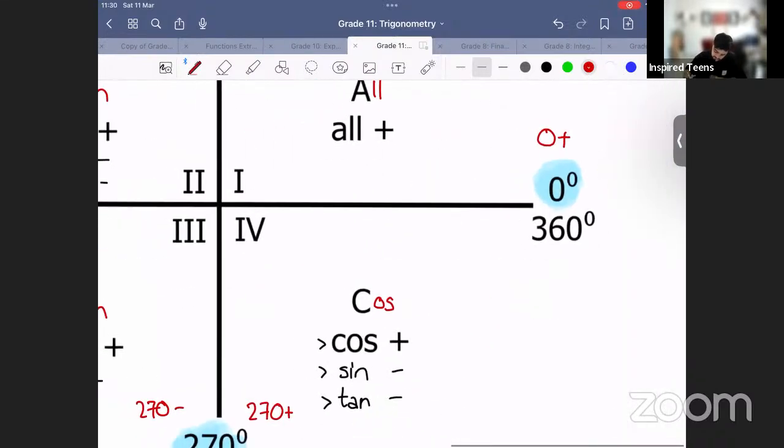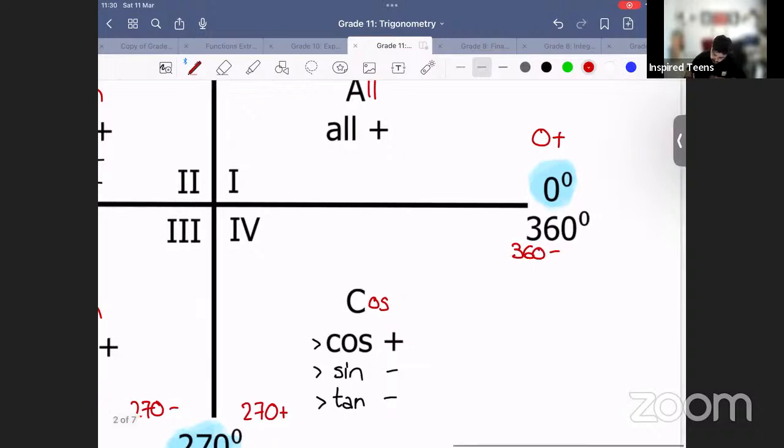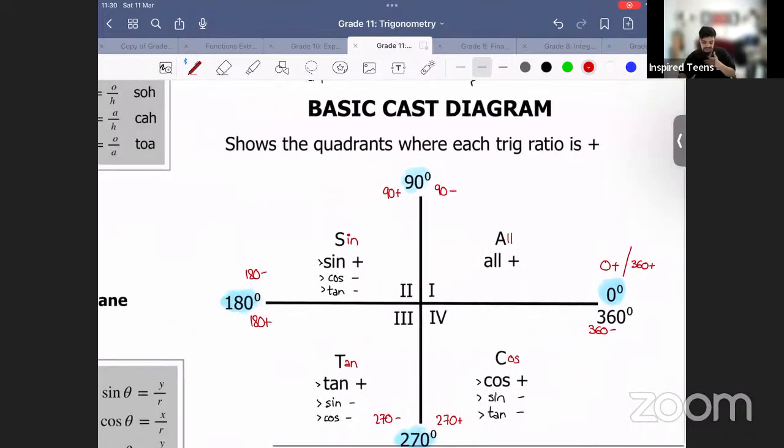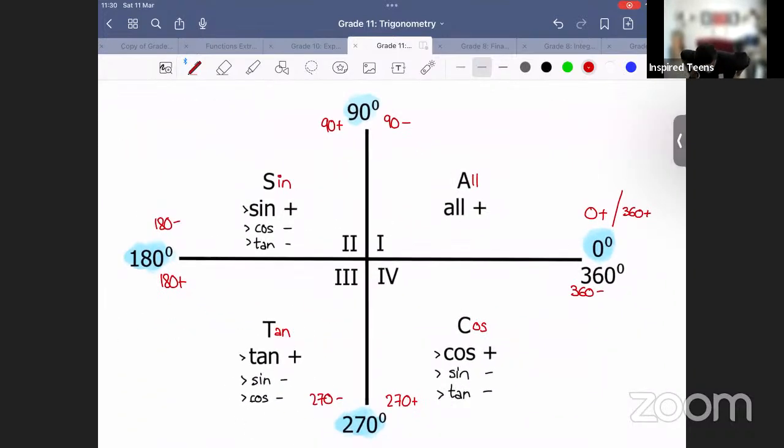And then 360. For the fourth quadrant, we can say 360 minus. For the first quadrant, we can say 360 plus as well. So these are our reduction angles and the quadrants they belong to. For example, 270 minus is the fourth quadrant, 90 plus is the second quadrant, and so on.